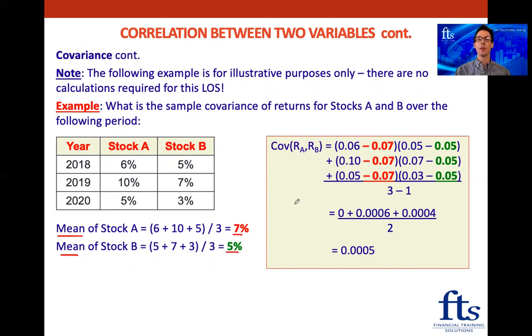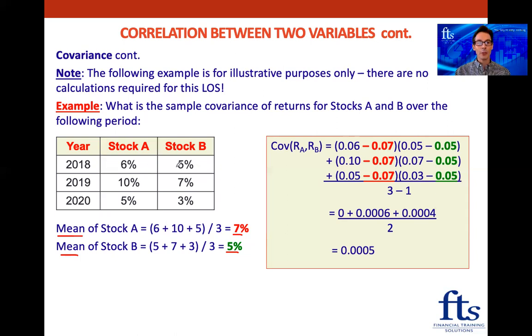Now for each and every year, we've got to see how these two are deviating from their mean. Let's do it for year 1, 2018. It was a 6% return for stock A, and its mean is 7%, so it's deviating by 1%. Now we've got to multiply that by how B is deviating from its mean in the same year.